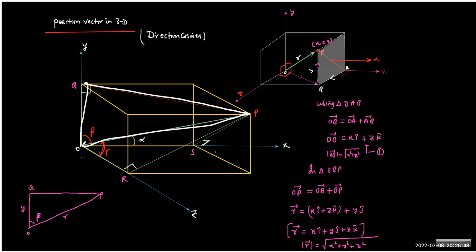Anybody not able to see this? Yes, sir, we can see. And can you see this triangle, by the way? This is also a right angle triangle.